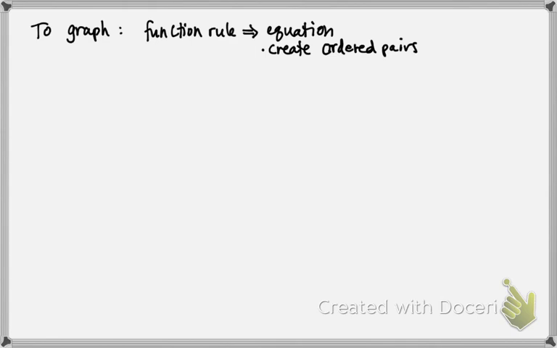And those ordered pairs are just going to be made up of your input value followed by your output value. Okay? And then we're going to graph the ordered pairs. Okay?